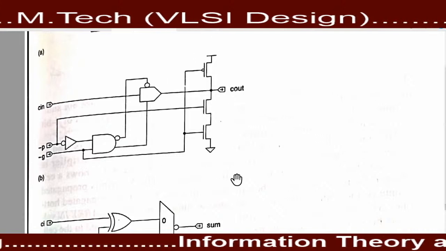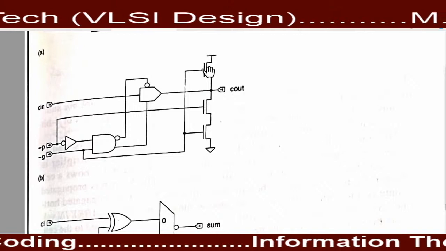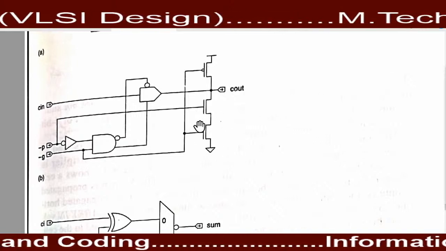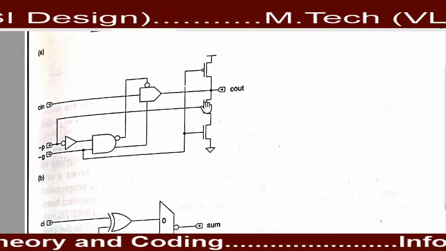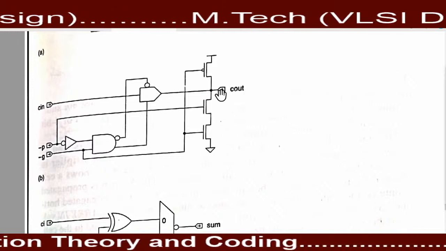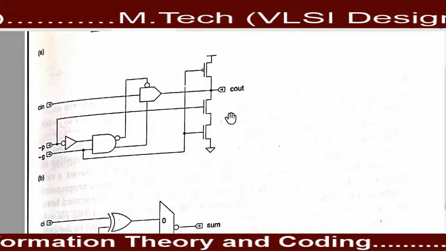In this NMOS circuitry, the upper PMOS acts as a load, and the NMOS connection below is implemented according to the Boolean operation that we need to find in the output.